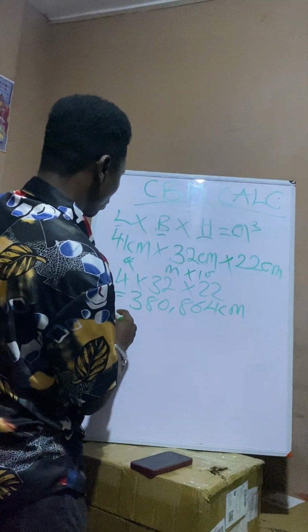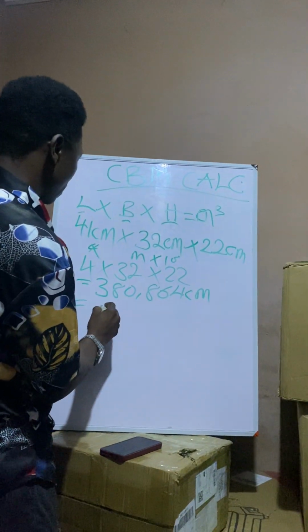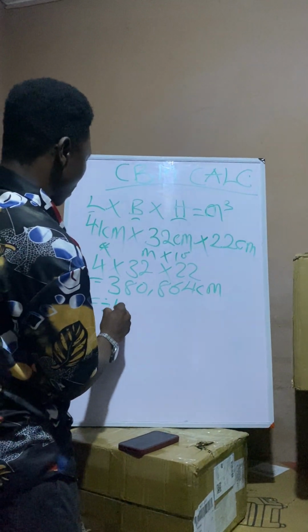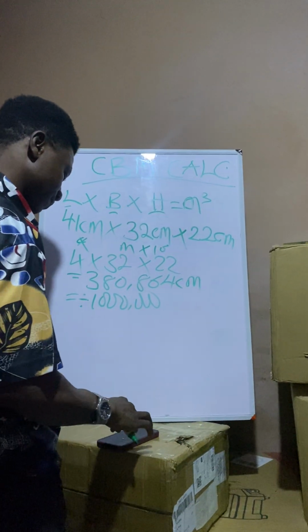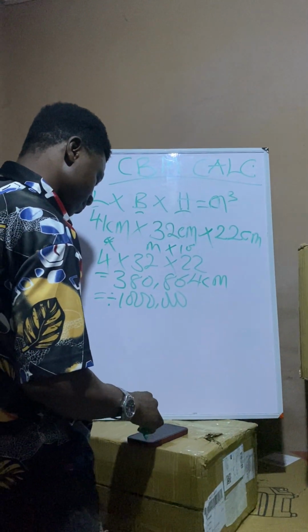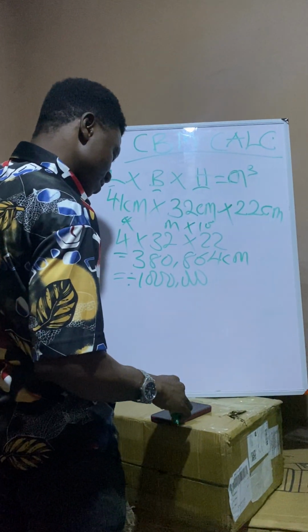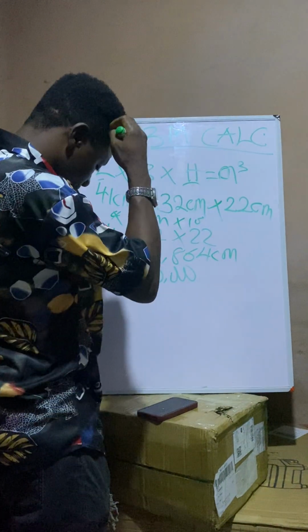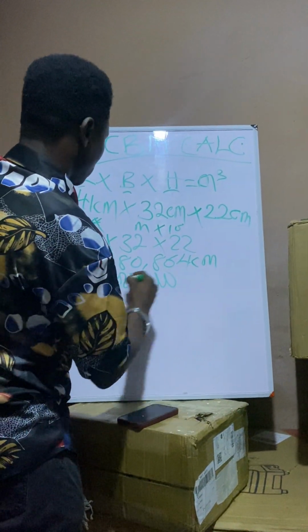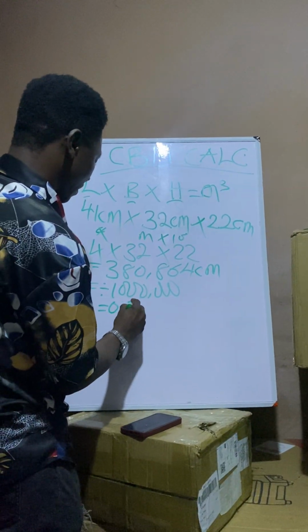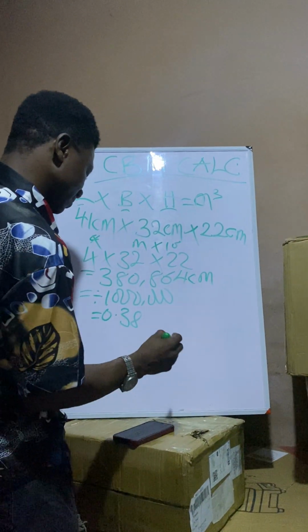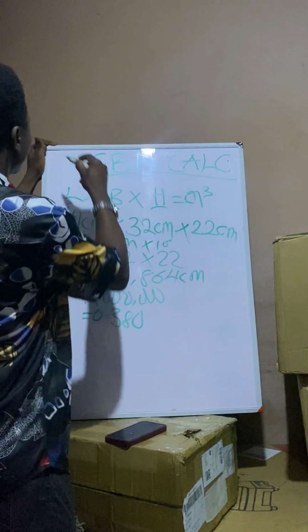In this case, we divide it by 1 million. It's giving us 0.381.